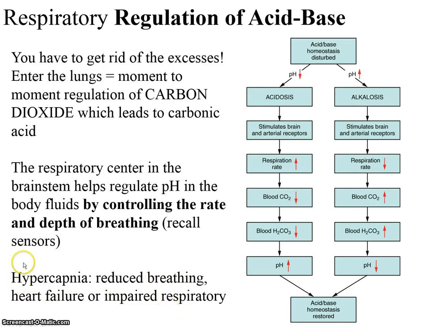And high CO2 means low pH, severe acidosis. You stimulate these brain receptors to increase respiration. You had it reduced, you've got to increase it. So that will decrease the carbon dioxide, which will decrease the carbonic acid, which will increase the pH.